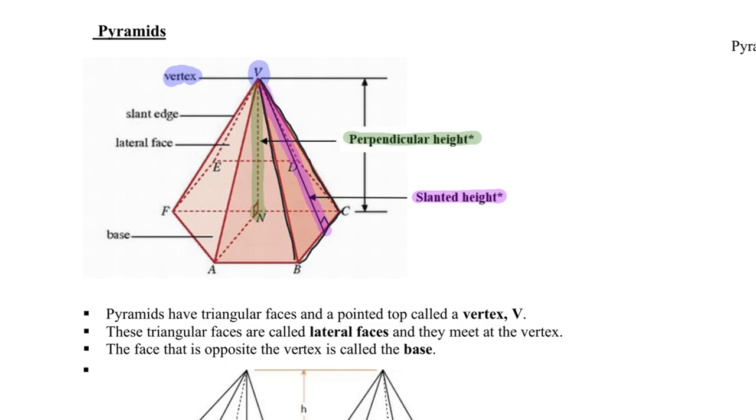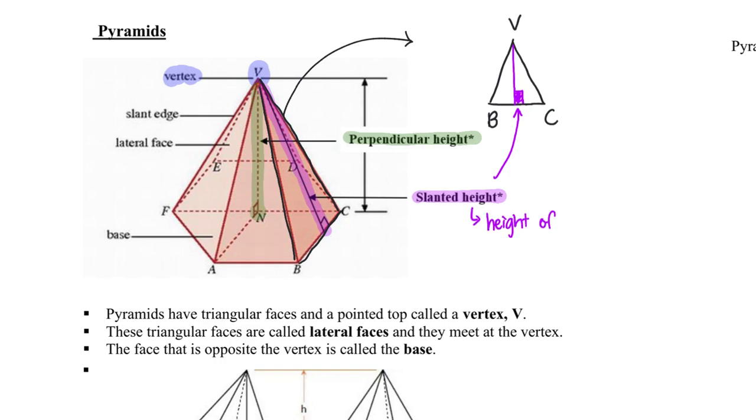I'm going to just do a rough sketch of triangle VBC out, and from here the slant height is actually referring to this, which is the height of the triangle or triangular face. In this particular pyramid, we use the word lateral face.